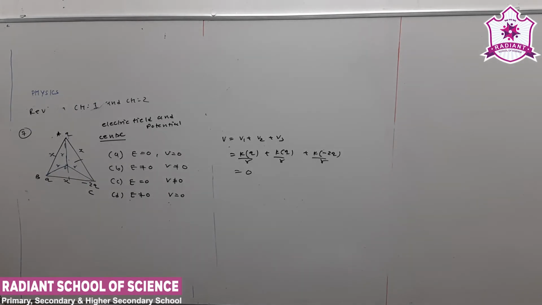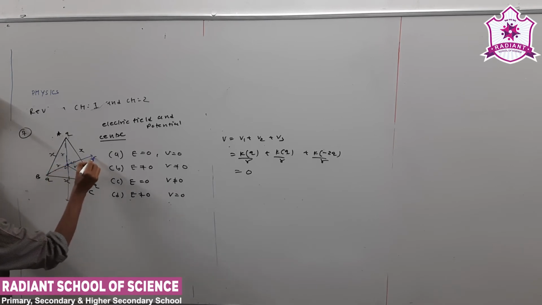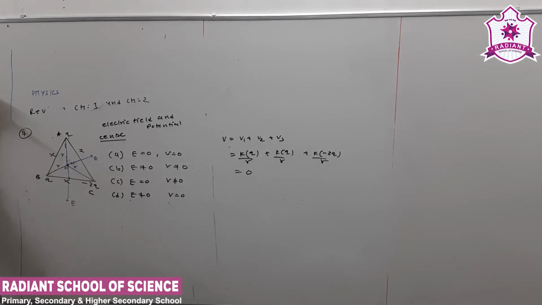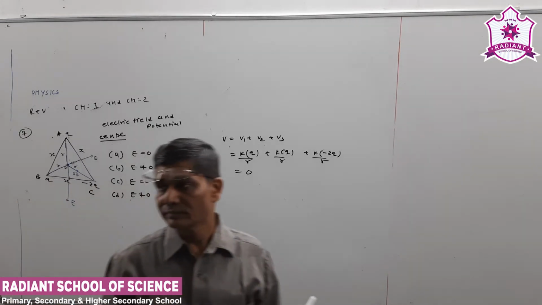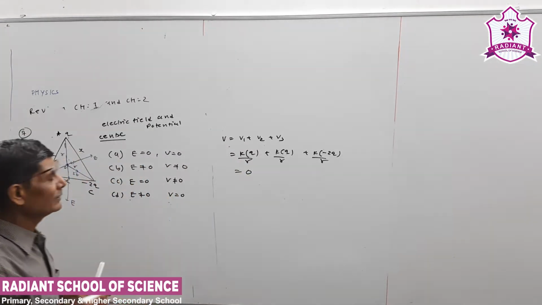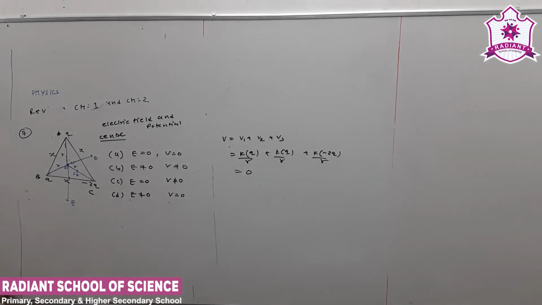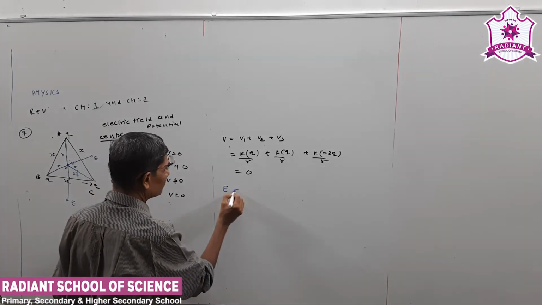But what about the electric field? Electric field is a vector quantity. Suppose I place a test charge here. The electric field here is E, and this also will be electric field E. There will be a repulsive force, and the minus Q is a negative charge. If we calculate the components also, because electric field is a vector quantity, their summation will give us a non-zero value.